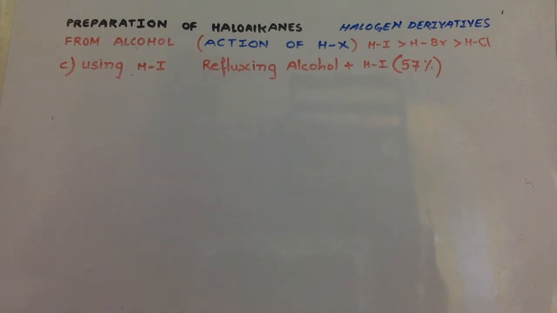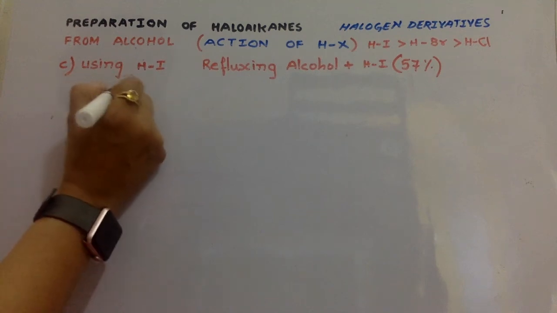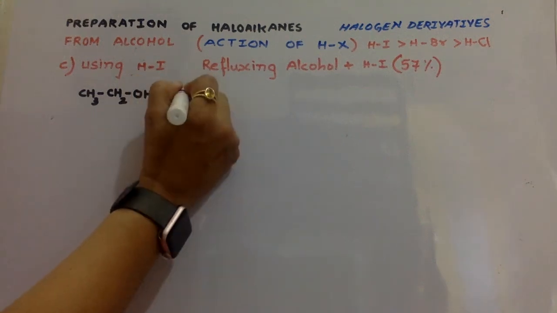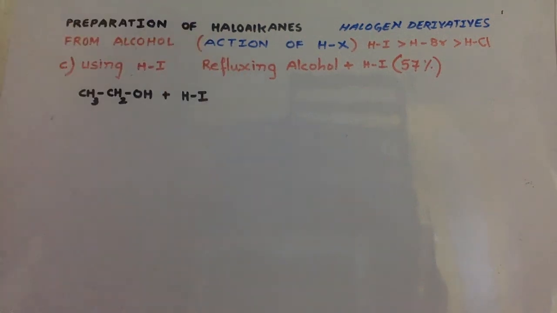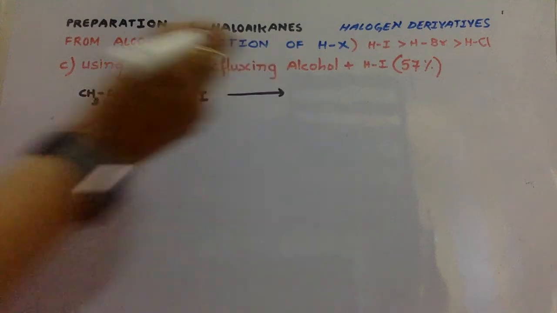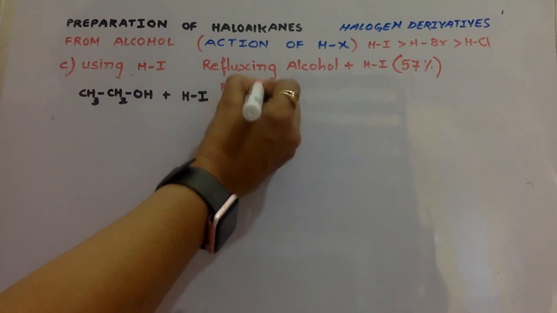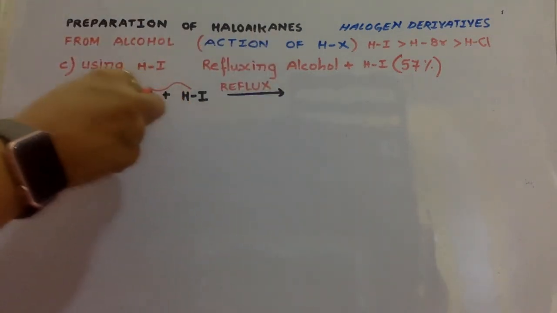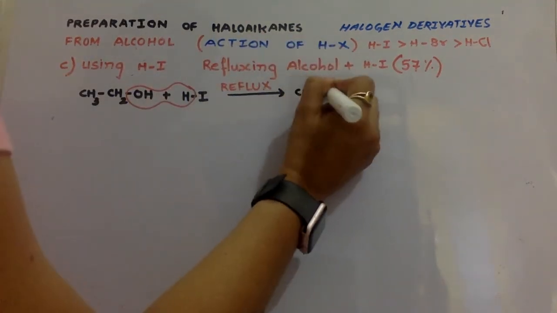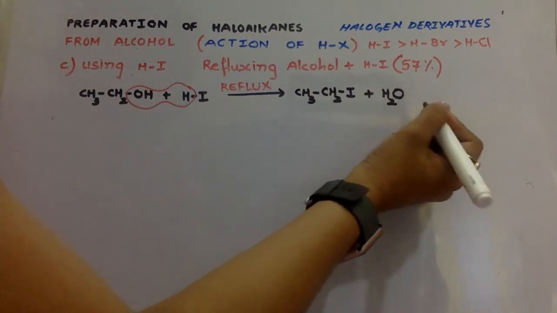We make the equation. Again, I am taking ethanol, a primary alcohol, because here also we cannot make use of secondary tertiary alcohol. It reacts with 57% HI, reflux, and we get ethyl iodide and a molecule of water.